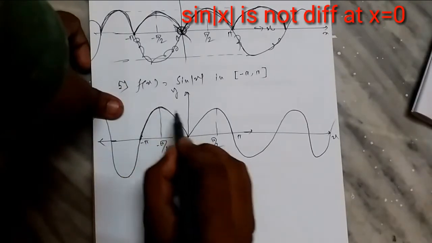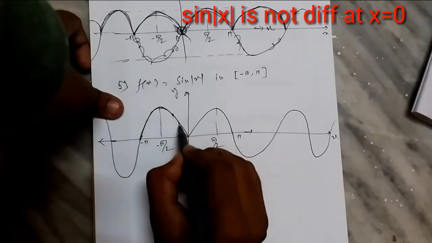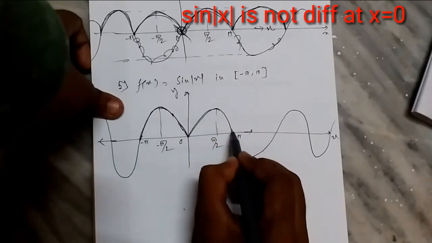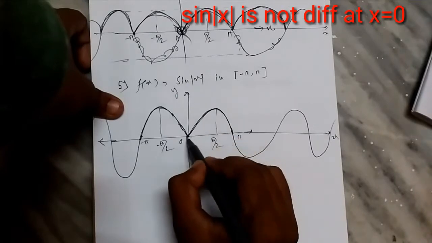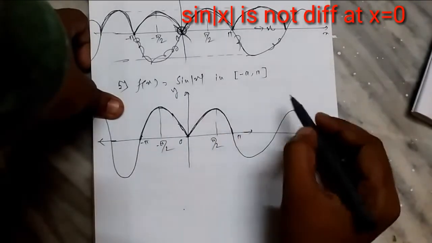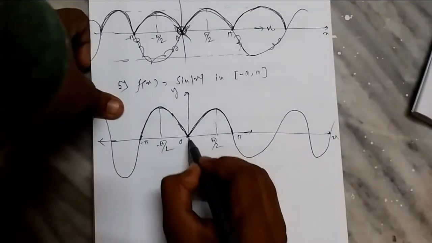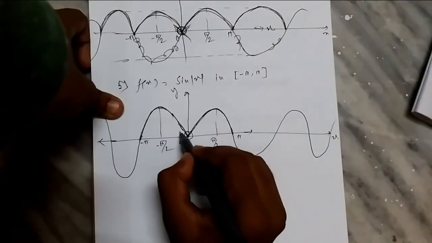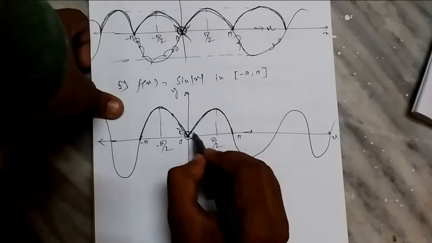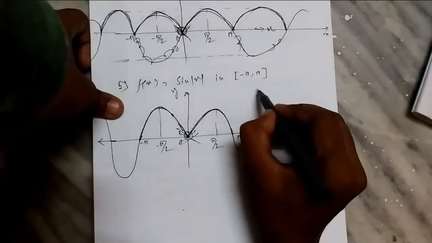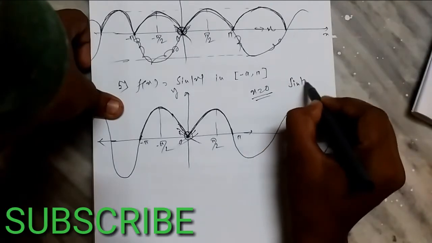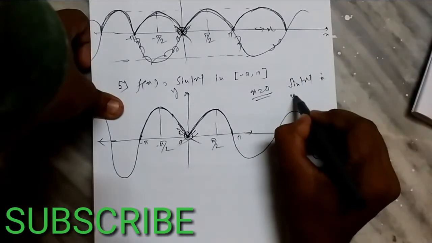From this interval we see that sine mod x is continuous, as there is no gap anywhere. At that point there is a sharp edge, which means there are an infinite number of tangents. So at x equal to 0, sine mod x is not derivable.